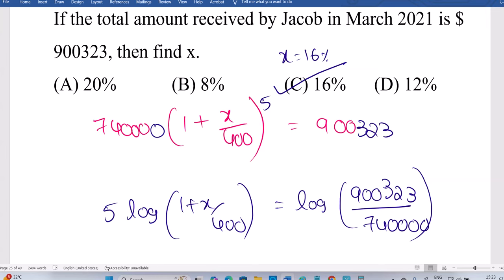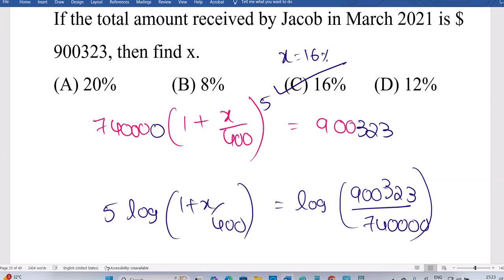Right. So I'm using options, or else you have to go for the logarithm function like this. Or if you have a calculator which is finding the fifth root, not square root or cube root, if it is finding the fifth root directly, there is no need of logarithm.